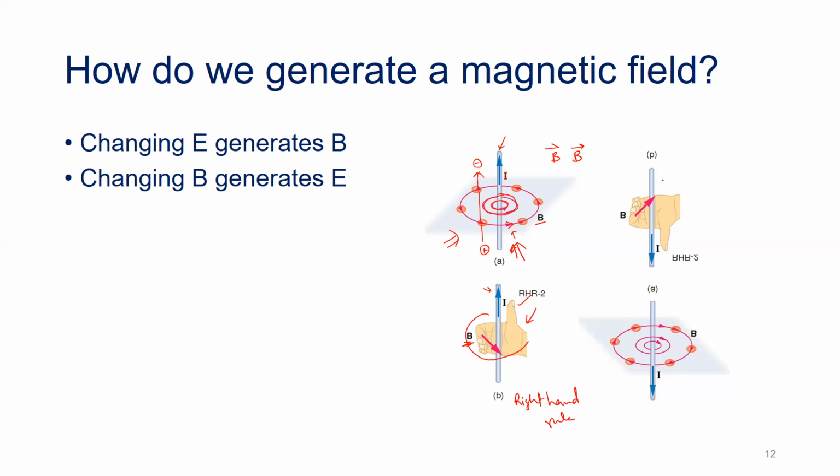Second situation, let's say I have the current flowing through the wire in this direction, arrow pointing downwards. Again, I am assuming that the current flows from the positive charge to the negative charge, and there is an electric field between them. Because of this current flowing through the wire, I will have the component of magnetic field B, and that direction of the magnetic field will be indicated by this circle.